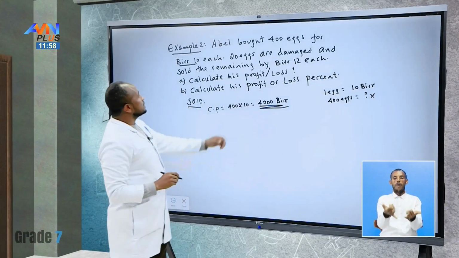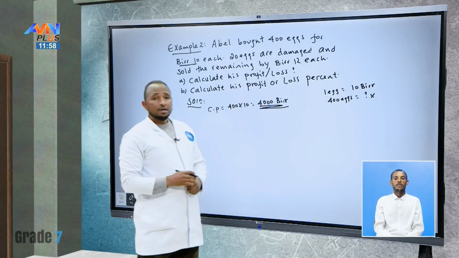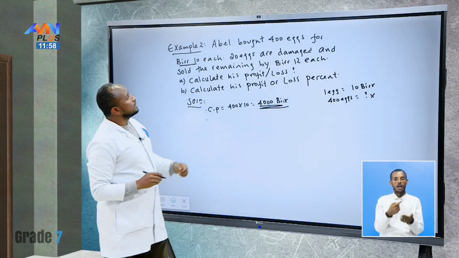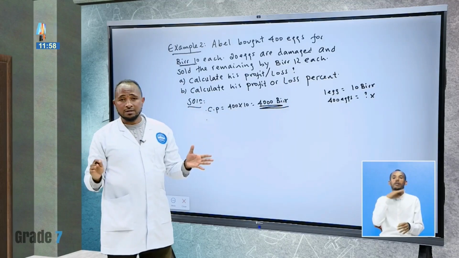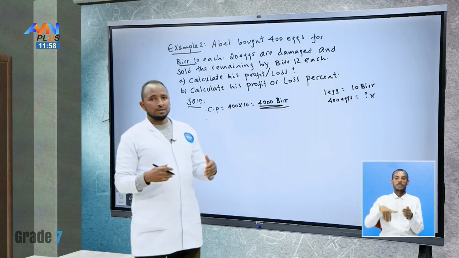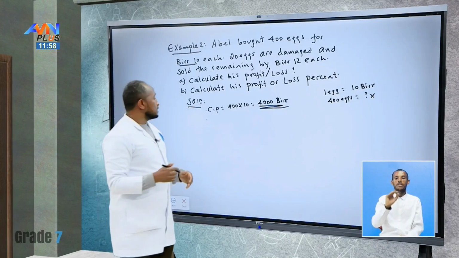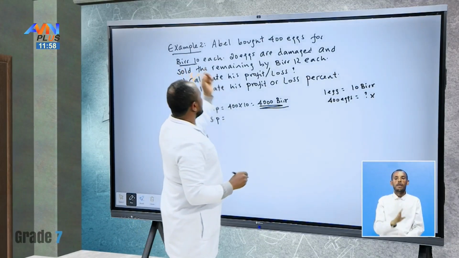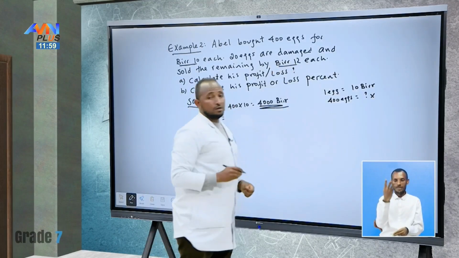Now, let's try to find the selling price. 20 eggs are damaged, so he sold the remaining. How many eggs has he sold? He sold 400 minus 20 eggs. What is the selling price of one egg? It is 12 birr.